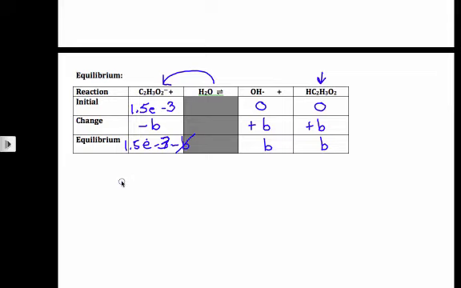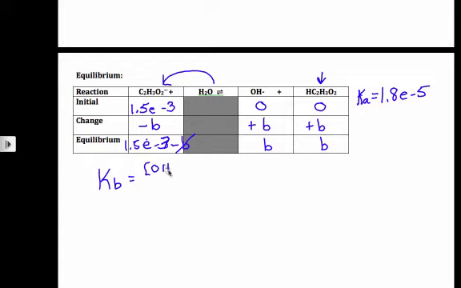Now, here's the problem. The issue with this one is we were given the Ka for acetic acid. The Ka for acetic acid is 1.8 times 10 to the minus fifth. But this is a Kb question.